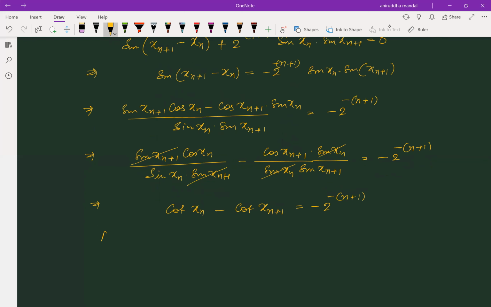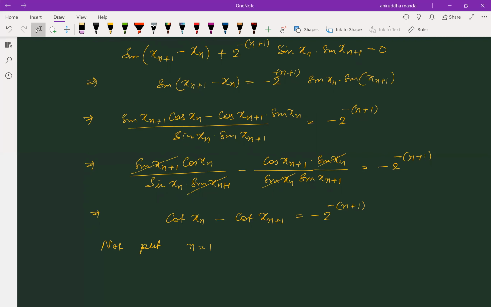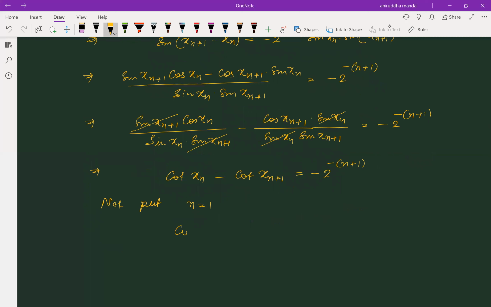Now put n equal to 1. So we have cot x1 minus cot x2 equal to 2 to the power minus 2.